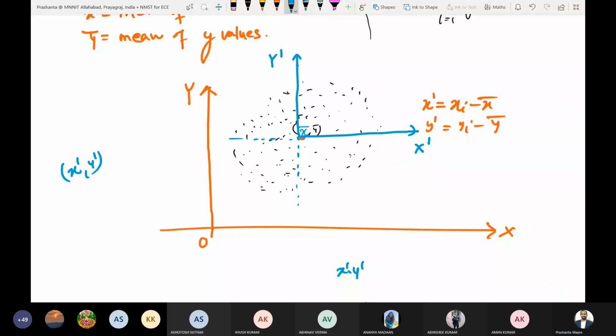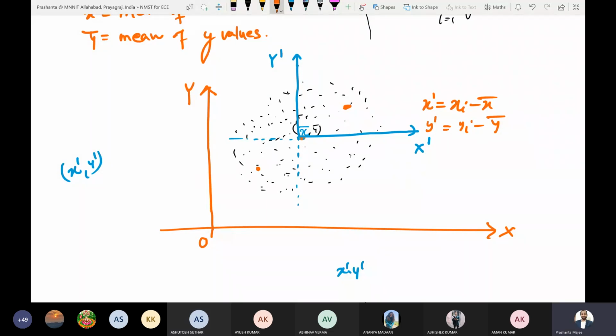Yes or no? If the data point x dash, y dash is this dot, then their product will be greater than 0. Or if the data point x dash, y dash is in third quadrant with respect to the new coordinate axis, then their product will be greater than 0. Okay. And when will their product x dash, y dash be less than 0? If they are lying in second quadrant or fourth quadrant with respect to new coordinate axis. Yes or no? Yes, sir.